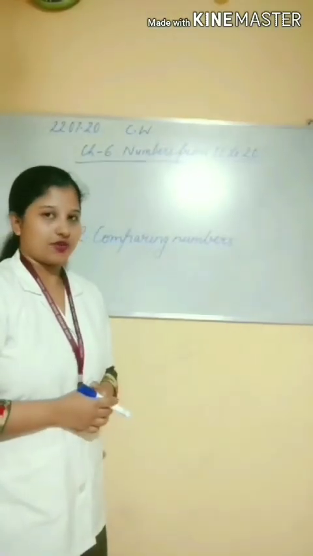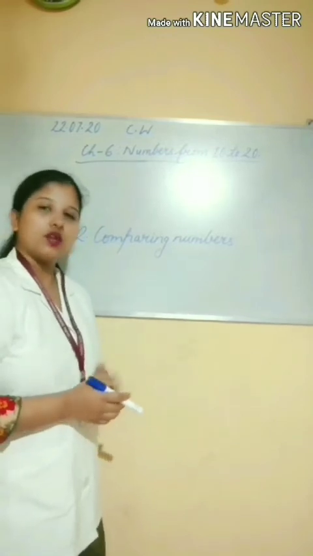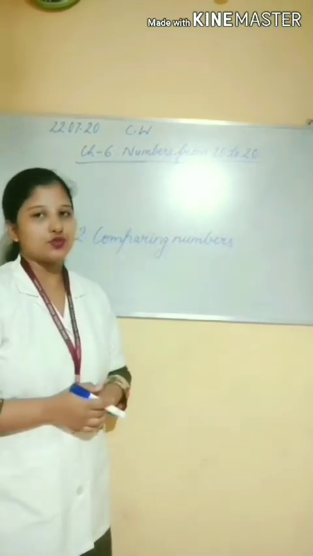So coming to the second topic, comparing numbers. So let us see how to compare two numbers. Now our next topic is comparing numbers. We will be using these symbols to compare numbers: greater than, less than and equal to.